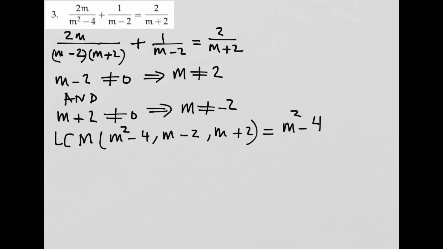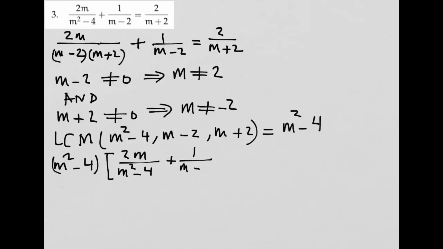So let's multiply both sides of this equation by the LCM. m squared minus 4 times 2m over m squared minus 4 plus 1 over m minus 2 is equal to m squared minus 4 times 2 over m plus 2.